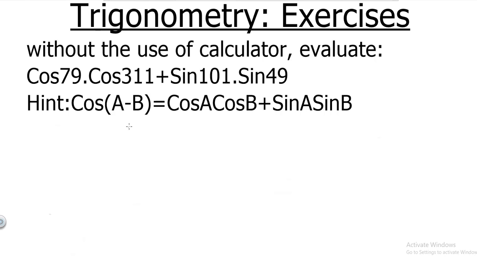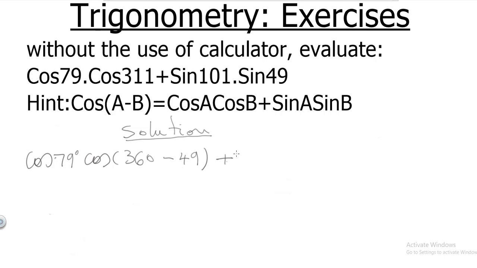Now what will be our solution? Very quick and simple. We have cos 79 degrees, and here we have cos of 360 minus 49 plus cos of 180 minus 79, and then multiply by sine 49 degrees.